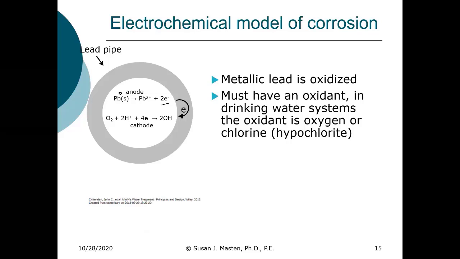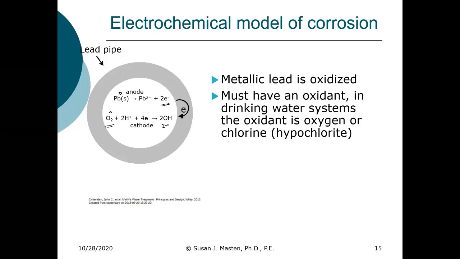That releases 2 electrons. Something has to be reduced. In the presence of oxygen, so oxygen is our oxidant, it is reduced from 0 to -2. So it accepts electrons and is reduced.